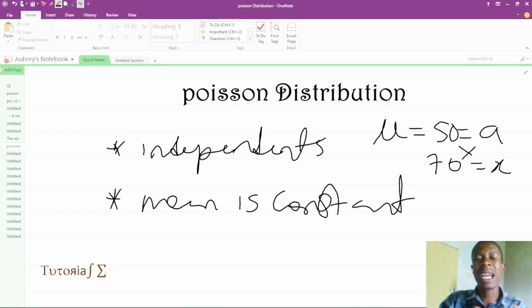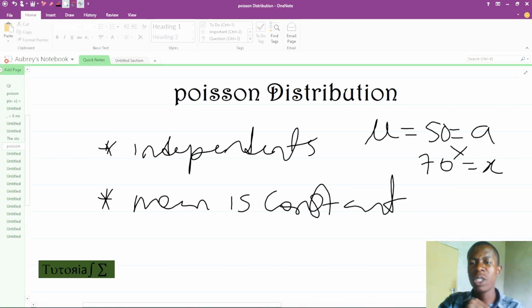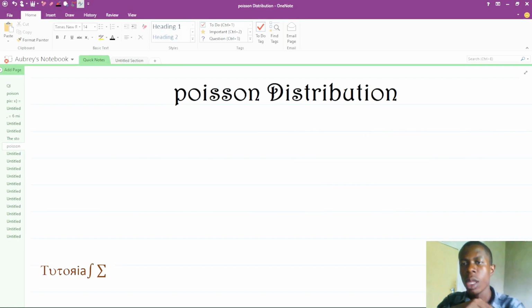That is what we mean by the mean being constant. Having said that, this is basically what you mostly need to know about the Poisson distribution. The mean should be constant, and the events should be independent.